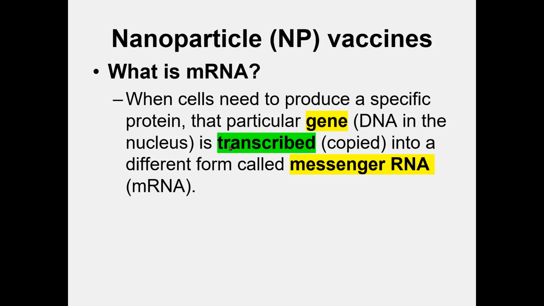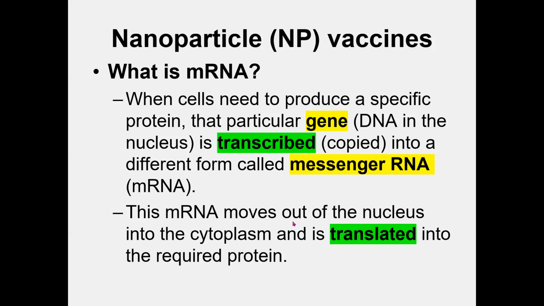I go into detail in another talk about genetics, but transcription is the copying of the gene into RNA, and you call it messenger RNA, which then goes out of the nucleus and gets translated into the protein.